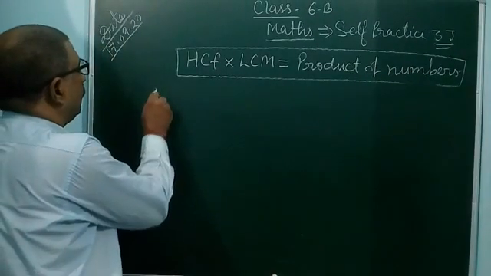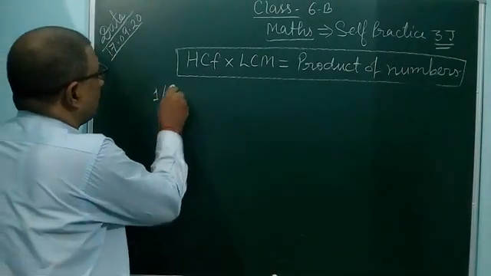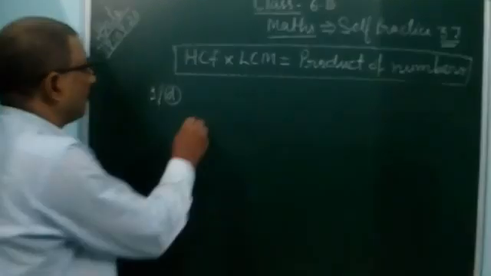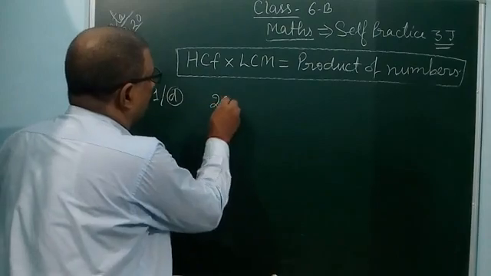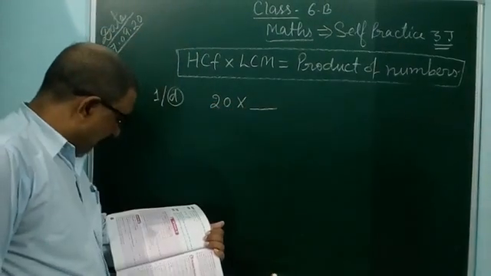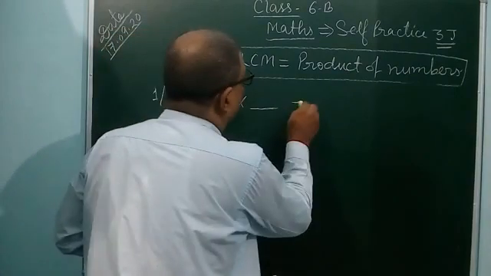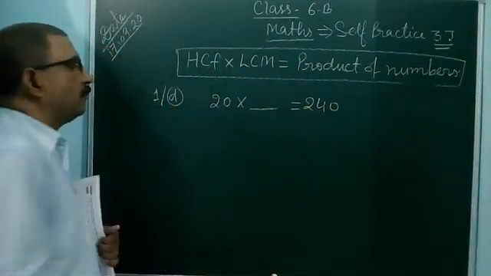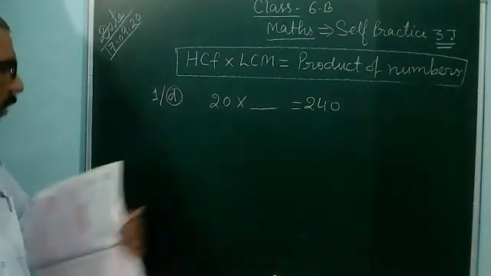Question number 1D. You can see 20, column first, 20 multiplied by a gap given, equal to 240. So for the first column, how can you solve?